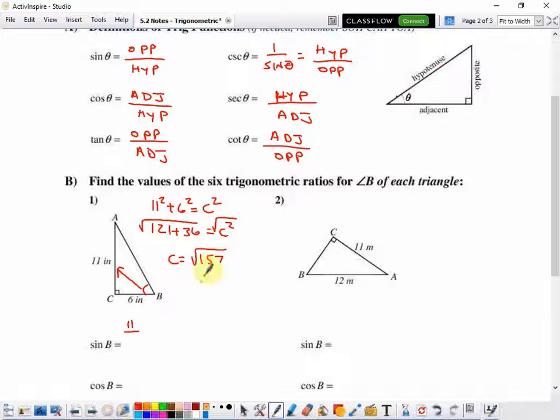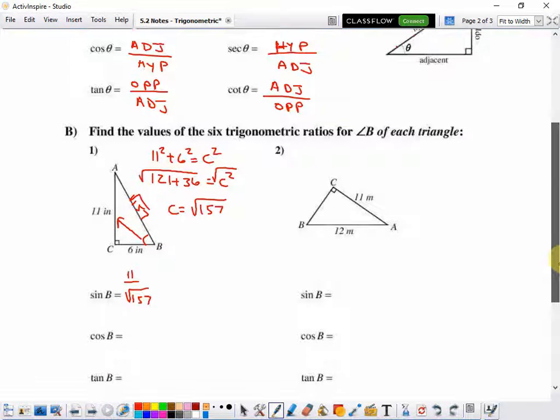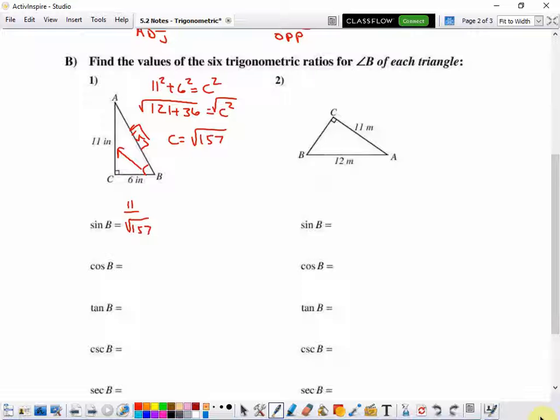I don't think we're going to be able to simplify this at all, so we'll just leave it as the square root of 157. So opposite over hypotenuse is 11 over the square root of 157. Now by rule, we can't leave a radical in a denominator. There's no irrational numbers allowed by rule in a denominator.